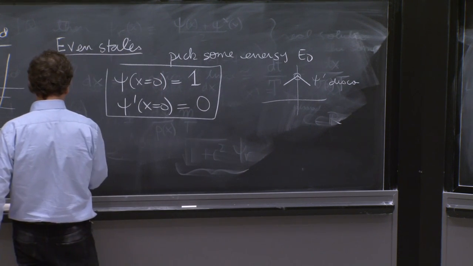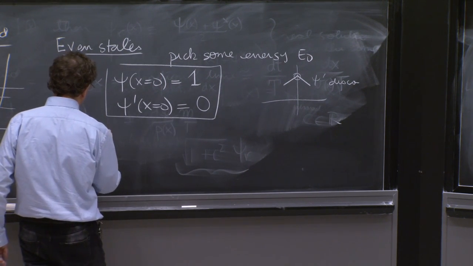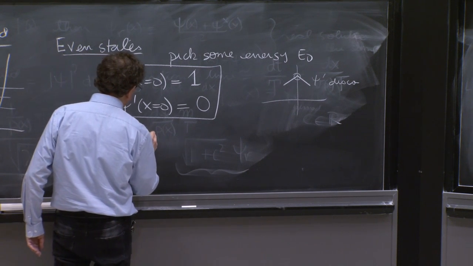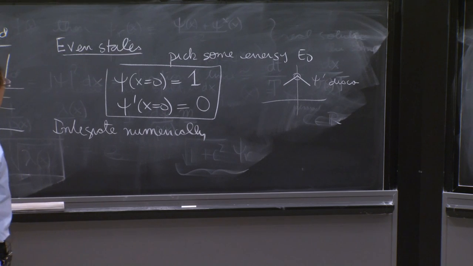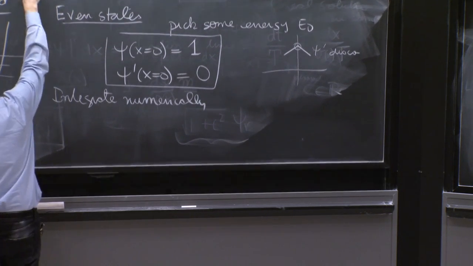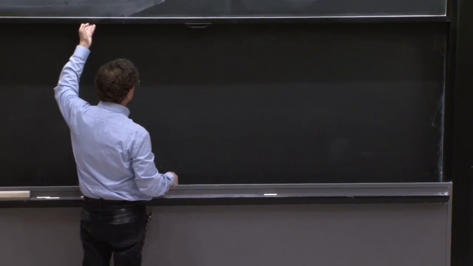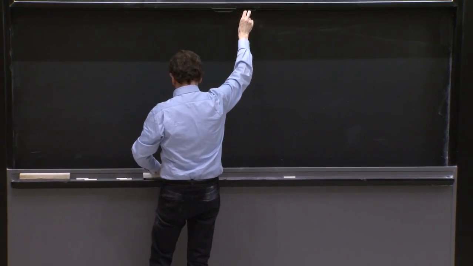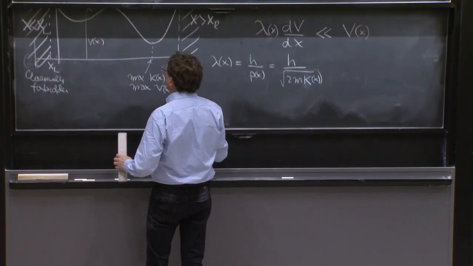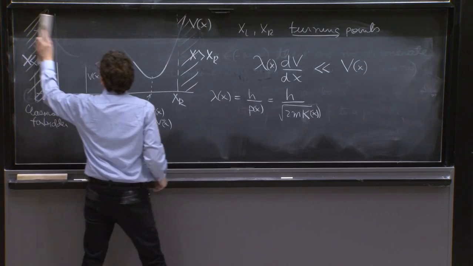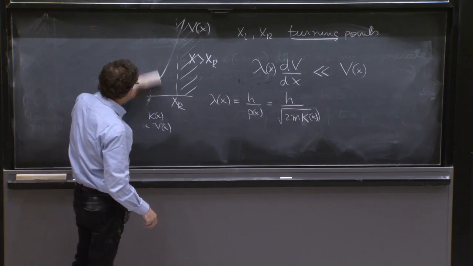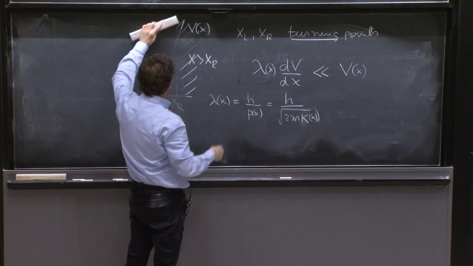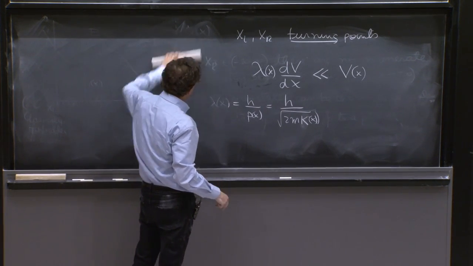And then you integrate numerically. And what will happen? Well, the computer is just going to integrate and see no problem. Basically, it's just going to do the integral. You ask the computer to calculate the wave function up to x equals 5, it will calculate it.